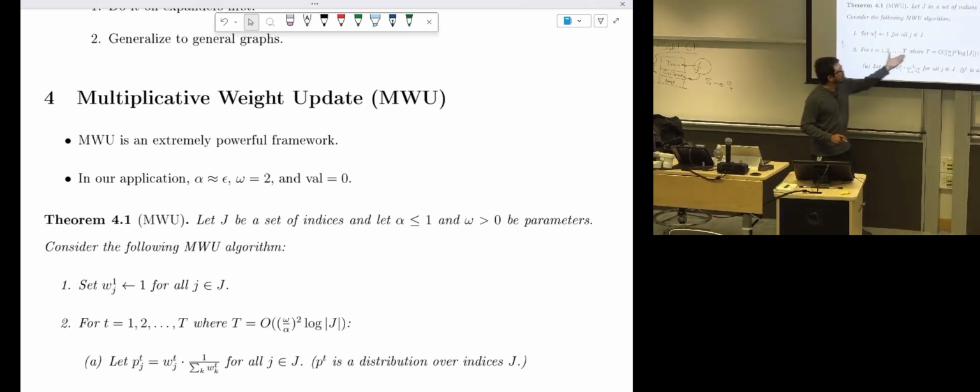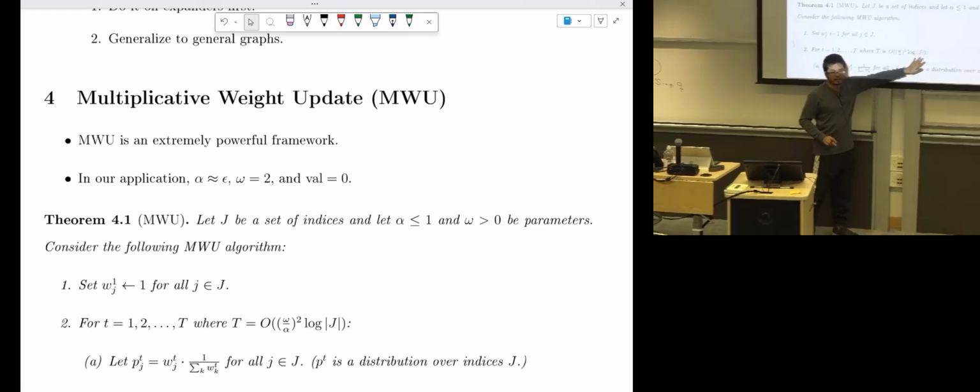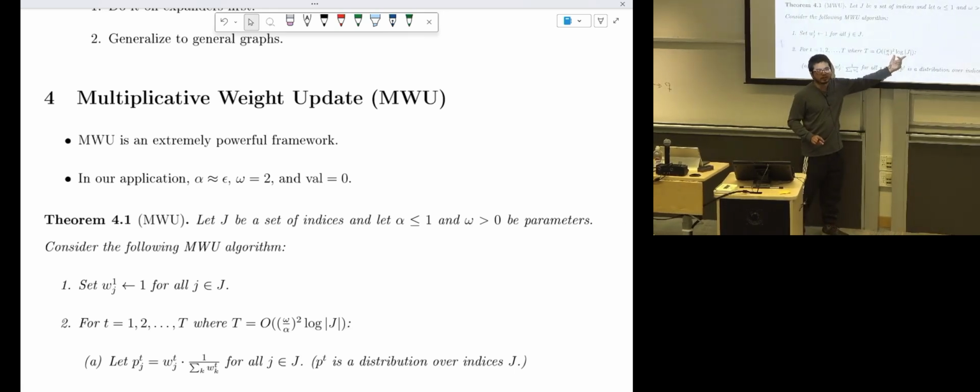And there's going to be some loop. Think of this loop as something tiny, like log n rounds. You should think of omega here as 2, and alpha here as maybe something like epsilon. So this is going to be like log n over epsilon squared. Not too many rounds.